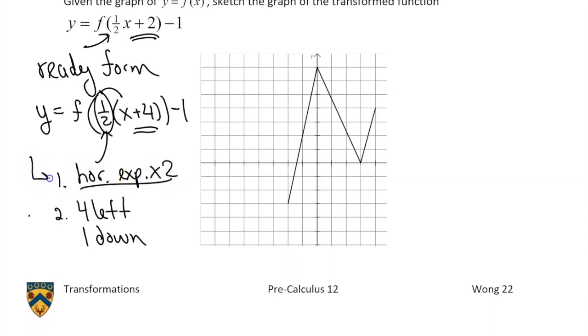I'm sorry for confusing you, and if that did look kind of strange, hopefully you're able to see that we did make an adjustment with that right there. Okay, so the horizontal expansion by a factor of 2.